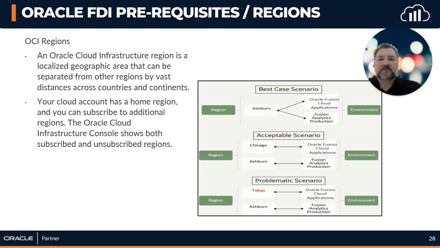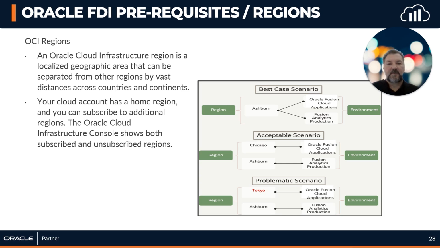Now, OCI regions. It is very important that your FDI instance is co-located in the same region with your Fusion applications. So the best case scenario is that your FDI instance is in the same region as your Fusion application.